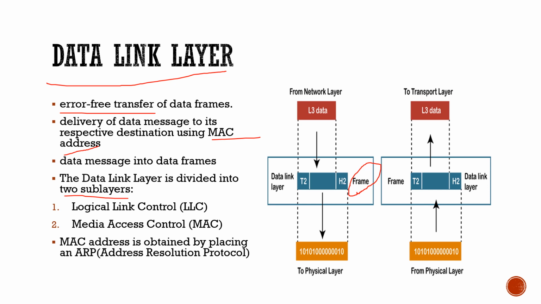So the frames are moved to the network layer through logical link control, and MAC provides a connection between the logical link control and the physical layer. So MAC is used for that. MAC address is obtained by ARP. ARP is Address Resolution Protocol.